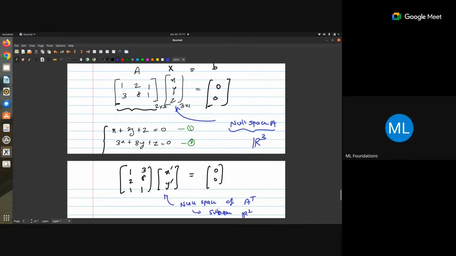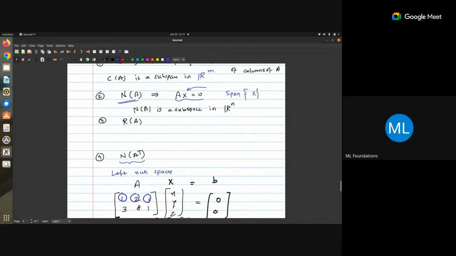So which dimensions the null space lives in depends on the number of columns, for the null space of A. And for the null space of A transpose, again it is the number of columns, but here the number of columns are 2.